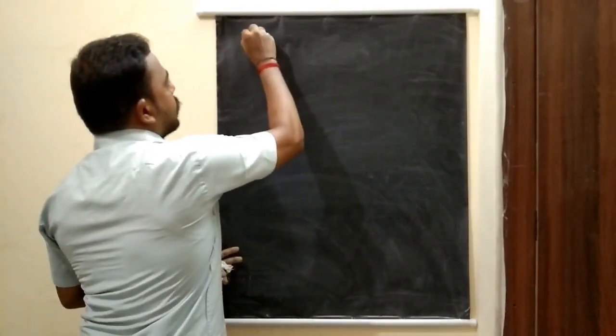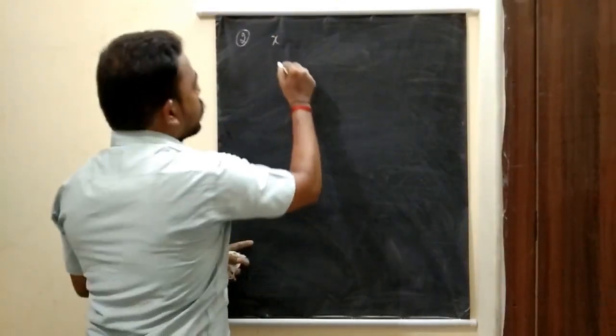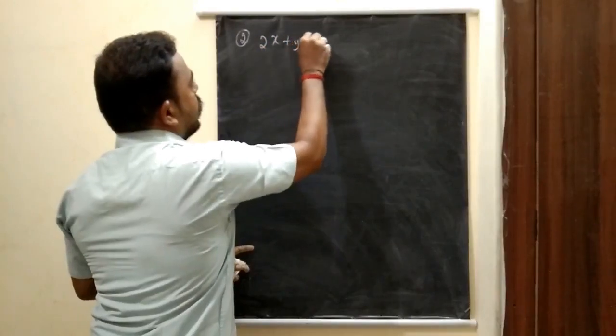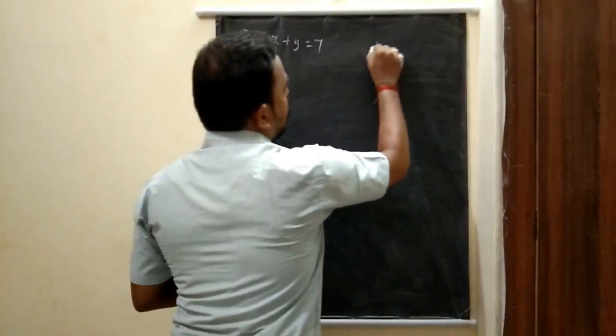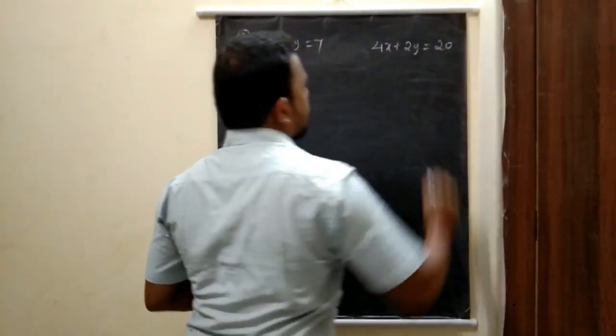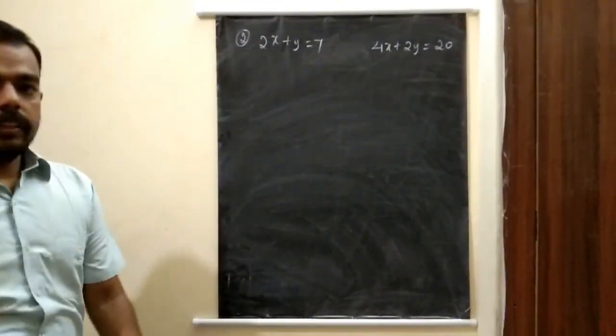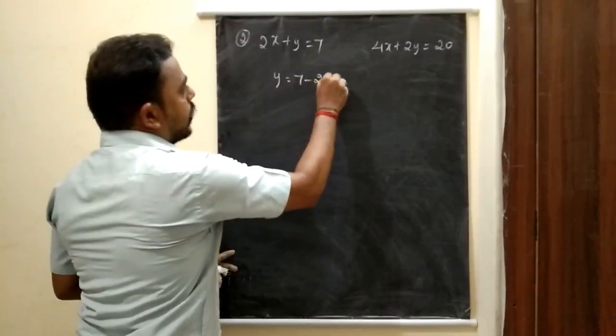Next problem, 2x plus y equal to 7, and the next one is given 4x plus 2y equal to 20. Okay. So now you already know that y equal to 7 minus 2x.